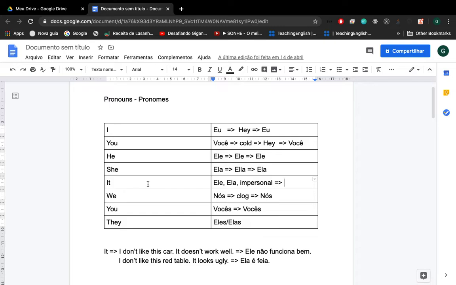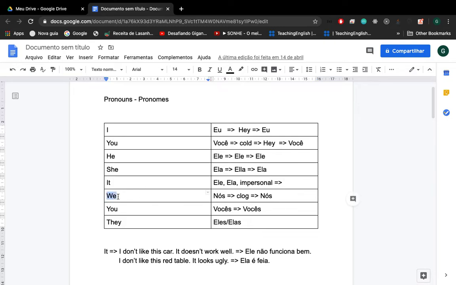So that's what we call impersonal. When you say it's raining, you just translate the verb you're using in Portuguese. We're going to be using practical examples in sentences so that you can understand it better.